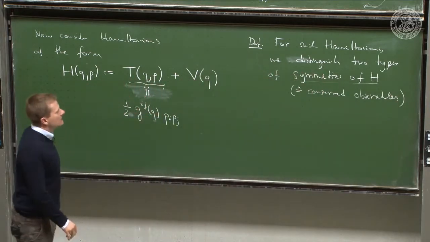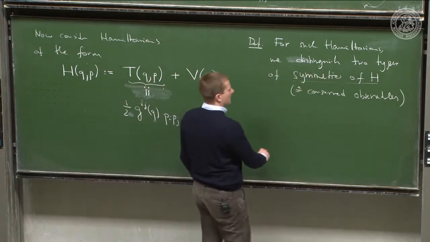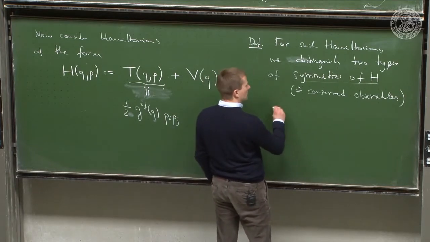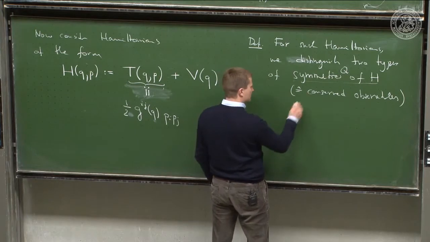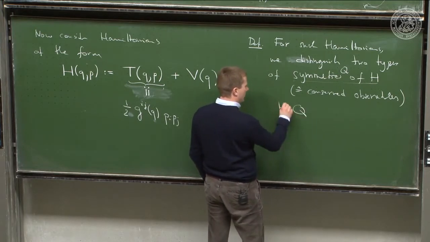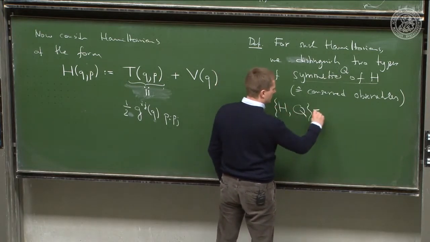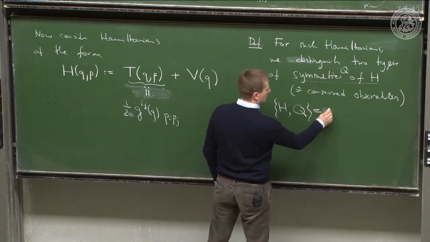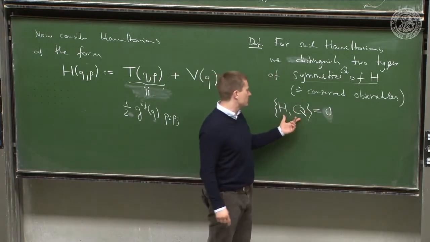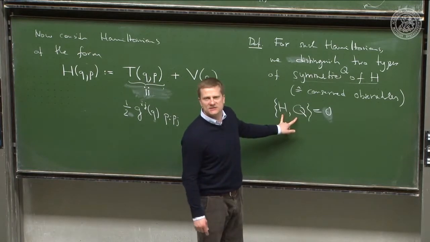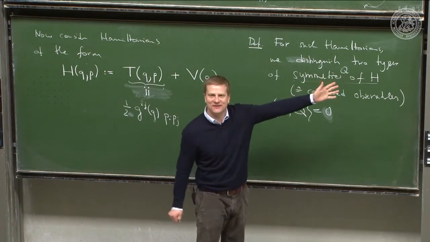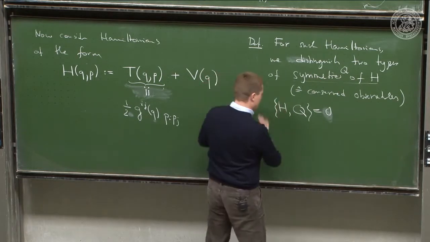We distinguish two types of symmetries Q of H. Because it's a symmetry anyway, {H, Q} is 0. This notation is more like Q is a conserved quantity. If I write it the other way around, it's more like H has the symmetry Q, but we know it's the same thing. Anyway, two types.